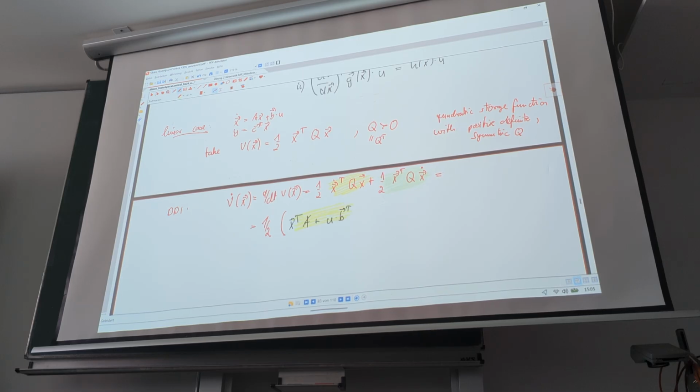Right, this is times the Qx, plus one half x transpose Q, and now I have the x dot, which is just Ax plus Bu, the green part.